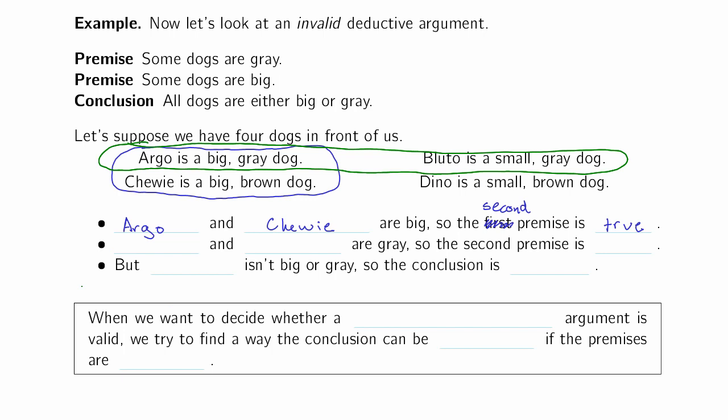Argo and Bluto are gray dogs. So the first premise is true. We've got some gray dogs.